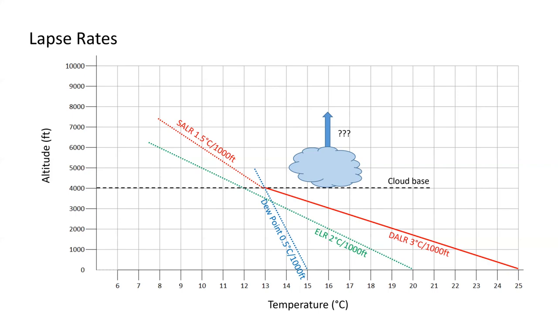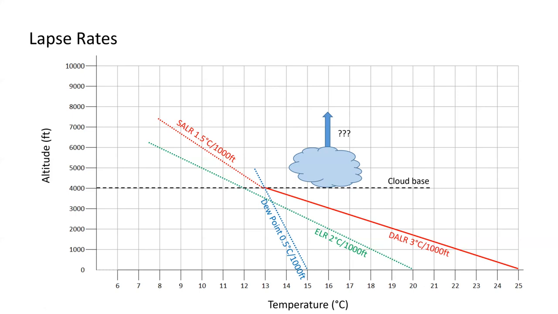And then after that, any lift within that cloud, and there's heat being liberated at that point, so there's no reason for the lift not to continue if there's no inversion. That then cools at the saturated adiabat.